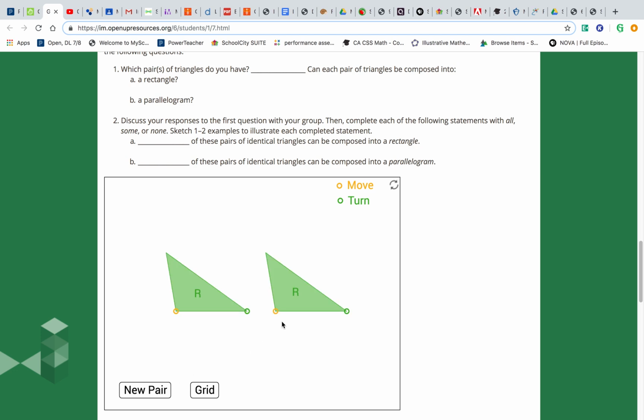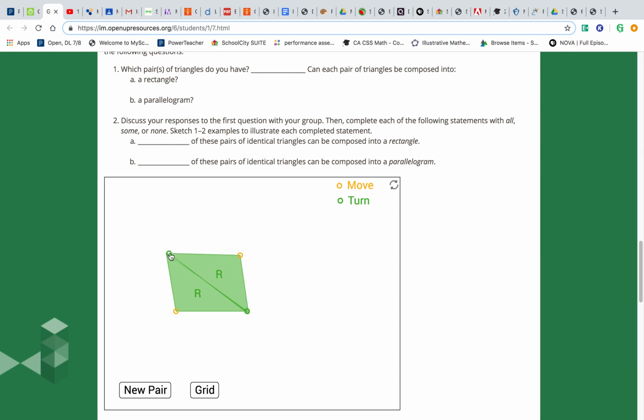All right, so let's try one more here. Again, I see this long side here, this long side here. I want to get them matched up. So I move it around and put them together. And let's see here. So this is going to be not a rectangle, right?